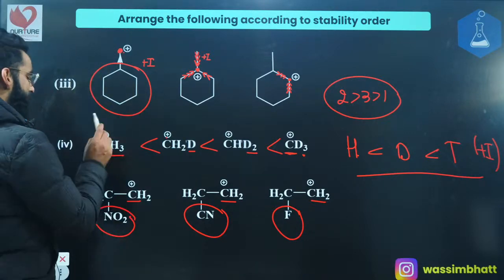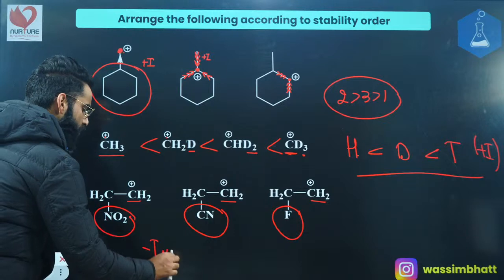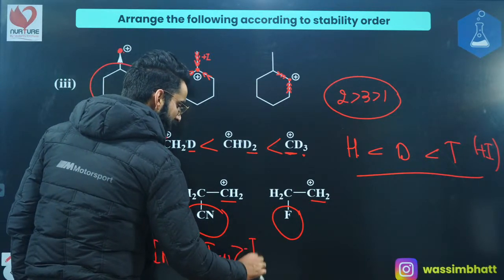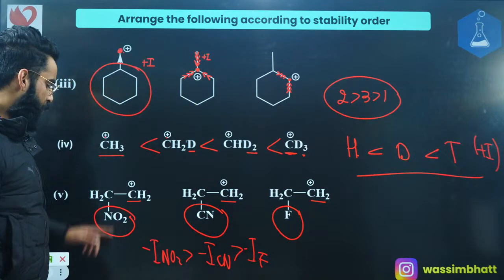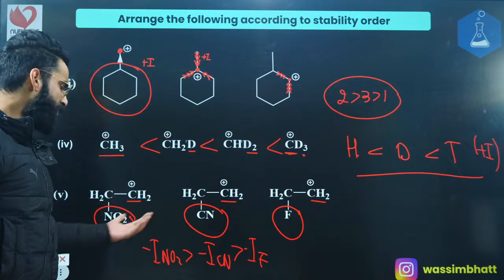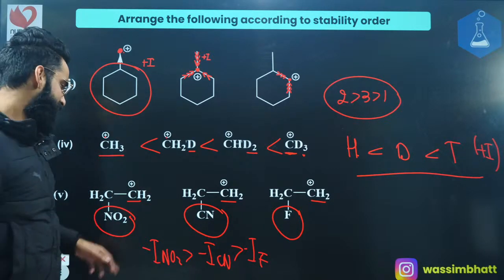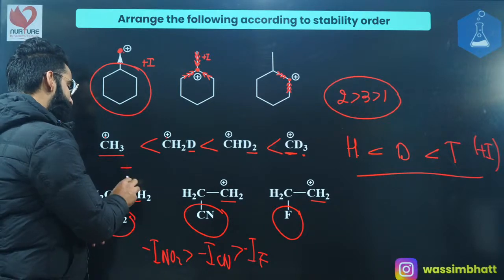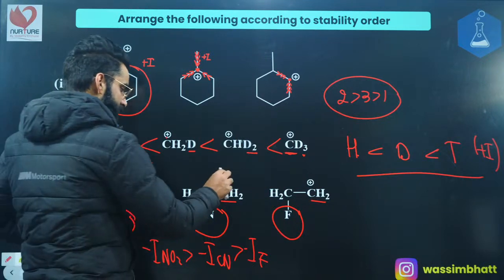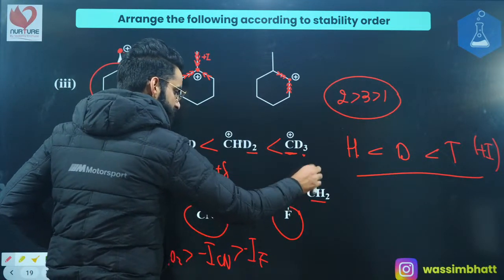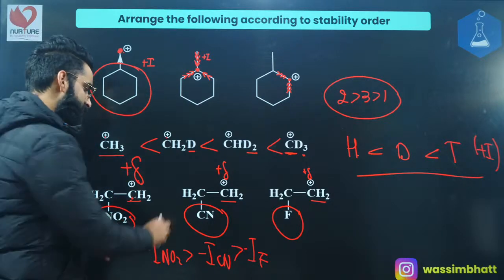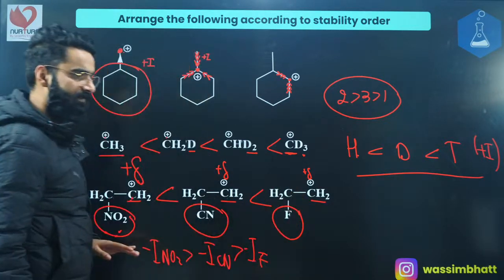As I told you, minus I power of NO2 is greater than that of CN, which is greater than that of F. So these groups are going to pull the sigma electrons towards themselves, due to which the magnitude of positive charge on this carbon will be maximum, because this group has maximum minus I power, followed by this one, followed by this one. So where is the magnitude of positive charge more? Over here. More the charge, less the stability. So this is the stability order.